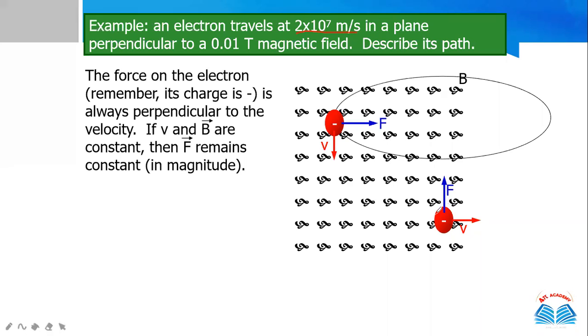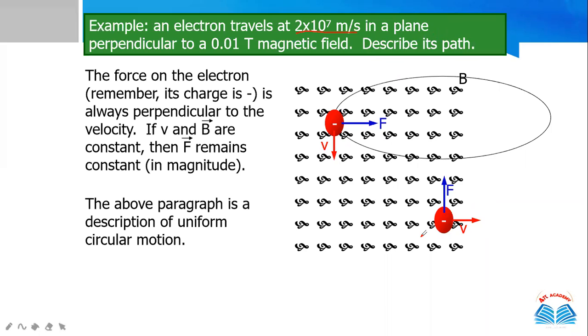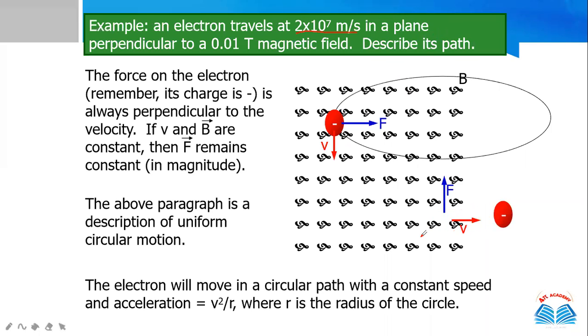Now what will happen? Describe its path. Which path will it follow? Basically this scenario is a description of uniform circular motion. As soon as we apply the velocity, the charge starts moving like this.